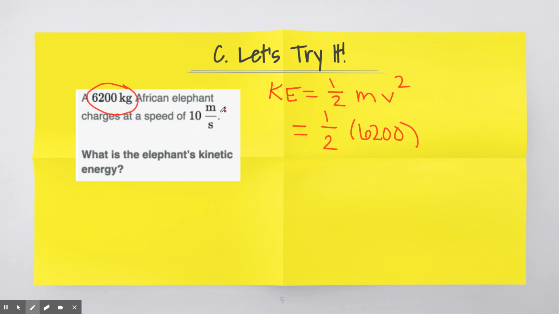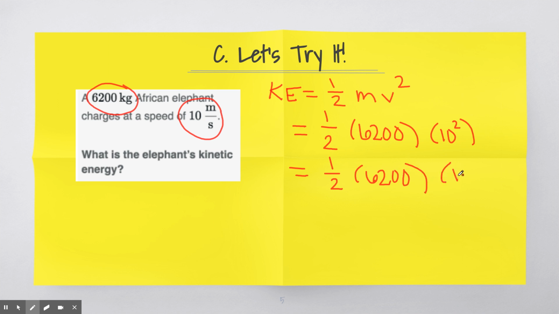And my velocity is 10 meters per second, so that's going to be times 10 squared. Now I just have to multiply that out. Remember, I'm always going to start with the exponent. So I'm just going to rewrite this.